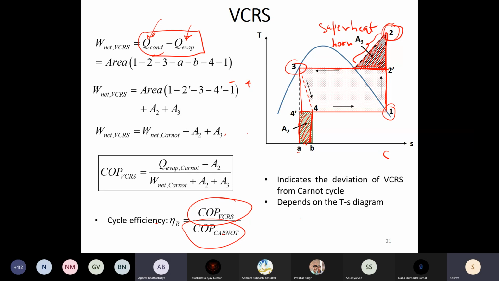If you change the working fluid, you will see that this area and this area continuously change. You try it out with R134A, R12, R22 for similar operating conditions, and you will see that these areas will be different for each. Either if you change the operating condition, these areas will change, or if you change the refrigerant itself, these areas will change.